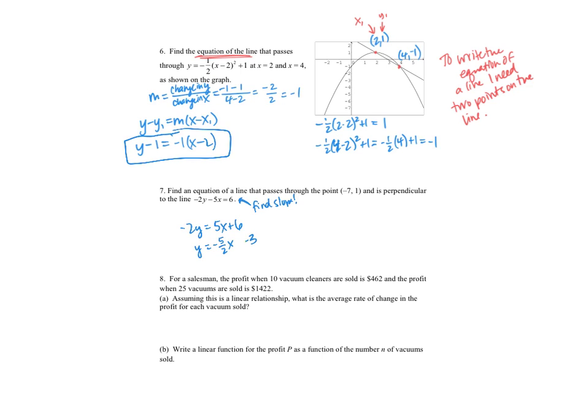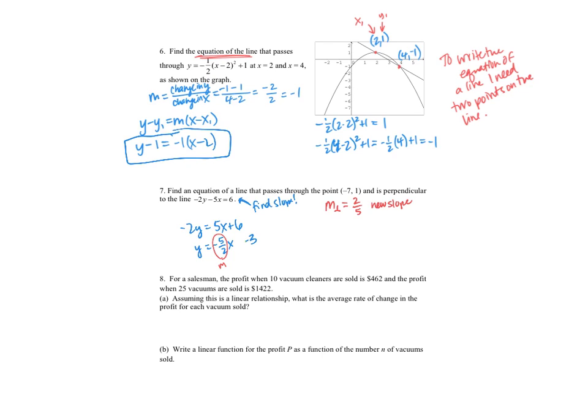So this is the slope of the line, but I want to find the slope that's perpendicular. The perpendicular slope is going to be the negative reciprocal of that one, so positive 2/5 is going to be my new slope.